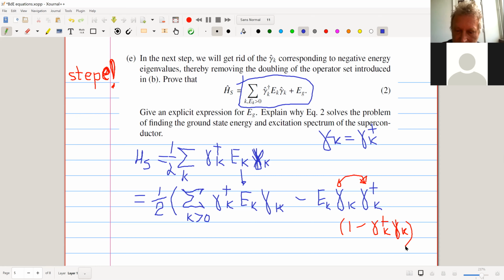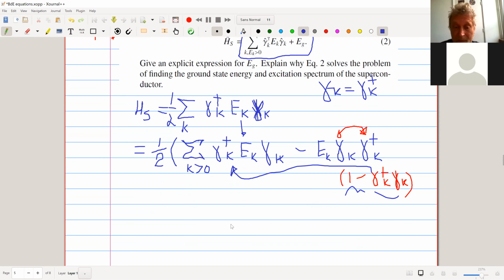The first term stays. The second term I will bring here, and it cancels the factor of 1/2. It removes doubling. So we prove that these operators gamma really represent quasi-particle excitations. They have positive energies with respect to the ground state.